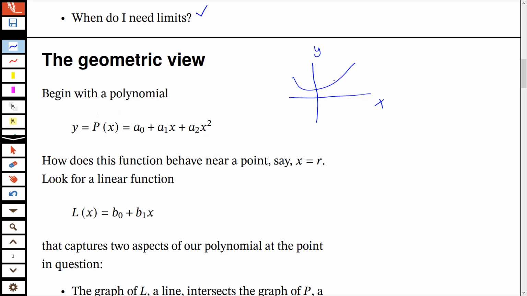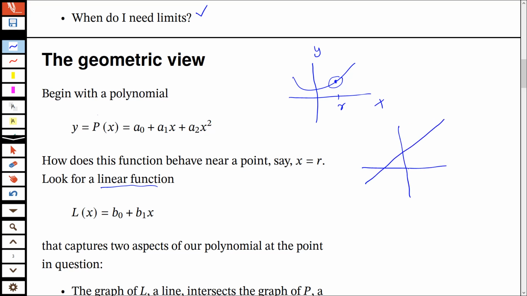Say I choose a point, let's say that point is r, and I want to know how this function behaves at that point. Now I'm very familiar with linear functions. Why? Because a linear function, unlike such a function, has a very simple graph.